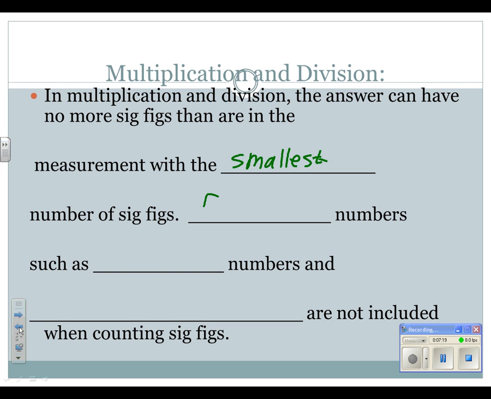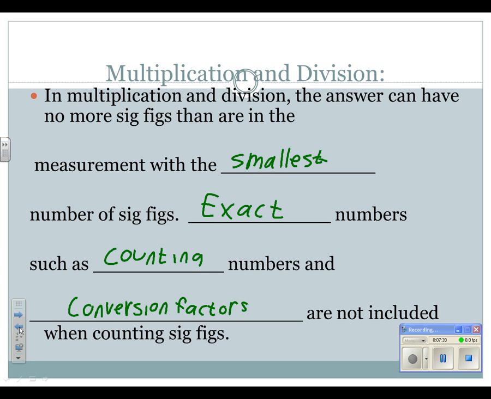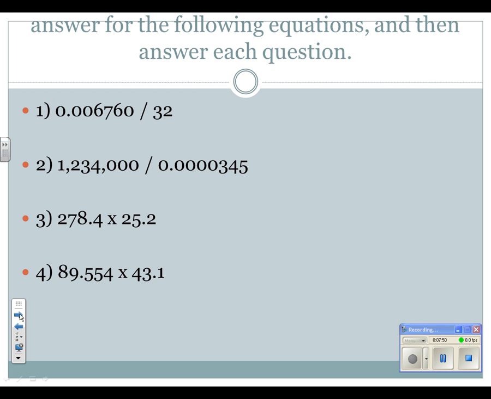Exact numbers, such as counting numbers, we'll talk about those in a bit, and conversion factors are not included in counting sig figs. Don't worry about that last statement too much. You're not going to encounter those a whole heck of a lot. And if you do, most of the time they're not the number with the lowest number of sig figs.